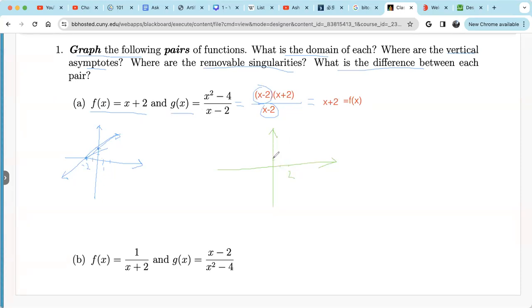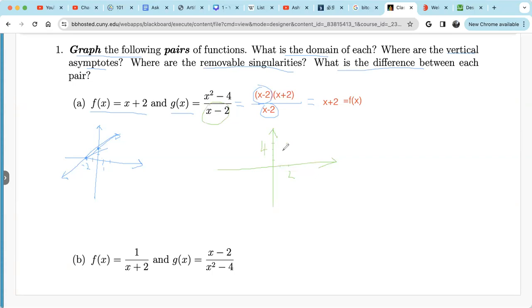So let's see, this is 1, 2, 3, 4. So we need to make an open circle here. Because 2 is not in the domain, right? The domain of g is x not equal to 2. If x equals 2, it causes 0 in the denominator, which is illegal in mathematics.